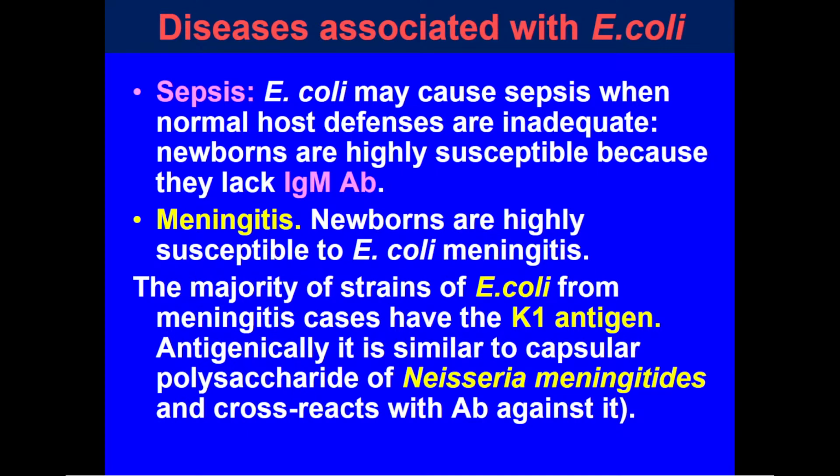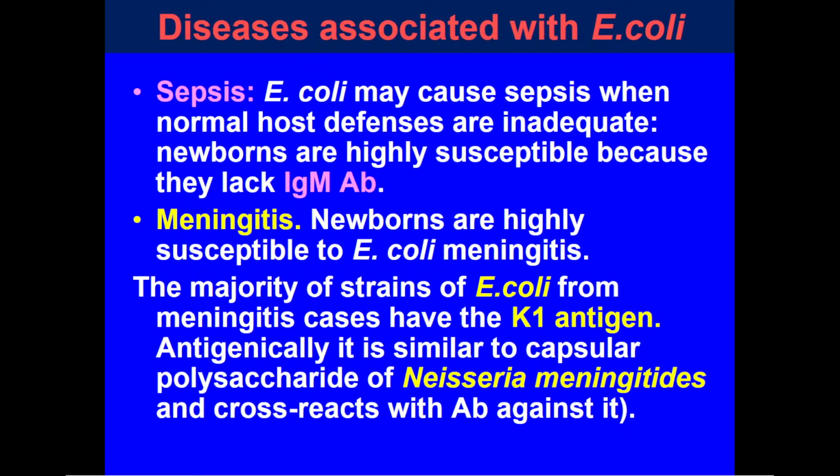So in newborns, for example, if they don't produce very important early IgM antibodies, you might know that IgM is the first antibody produced, right? And as a result of this sepsis, when E. coli may circulate in the blood, it can be inside phagocytes that keep them inside and will be incapable to digest them. They can be taken to the meninges, so to cause meningitis.